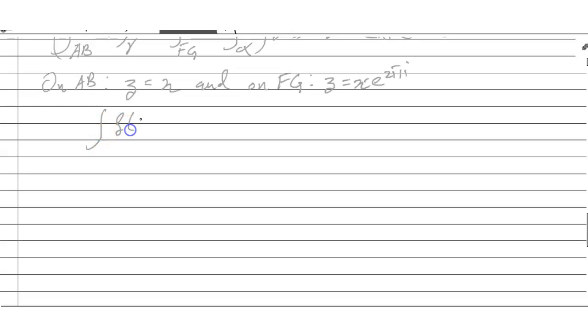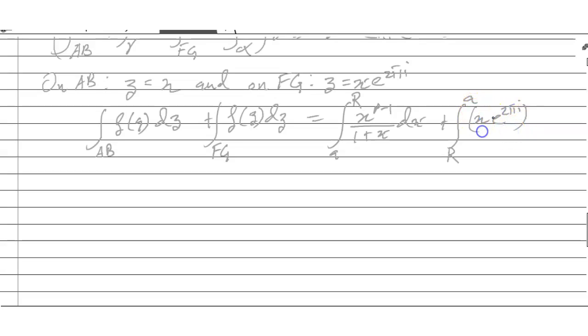So I find the integral over AB of f dz plus the integral over FG of f dz equals the integral from a to capital R of x to the power p minus 1 over 1 plus x dx, and another is from R to a of (x e to the power 2 pi i) to the power p minus 1 divided by 1 plus x e to the power 2 pi i.